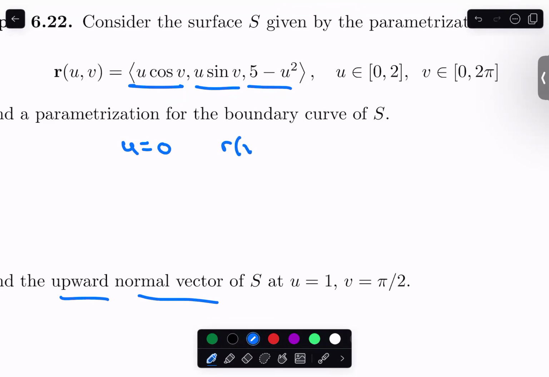So this is some curve with a variable of V, and what this is going to look like is just 0, 0, 5.